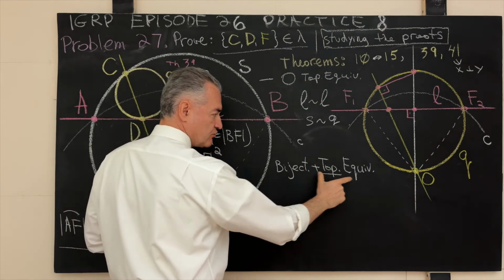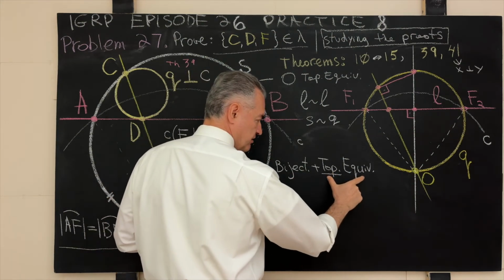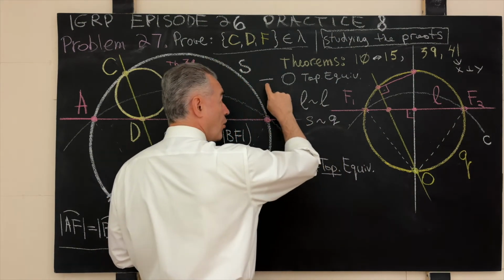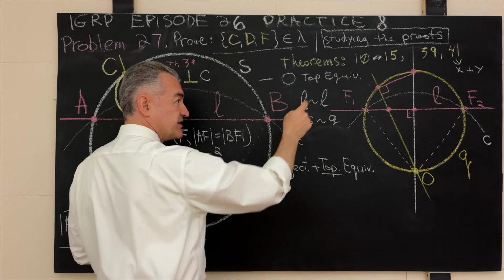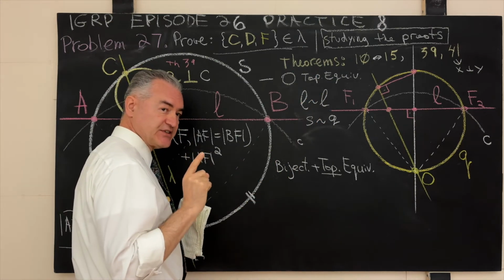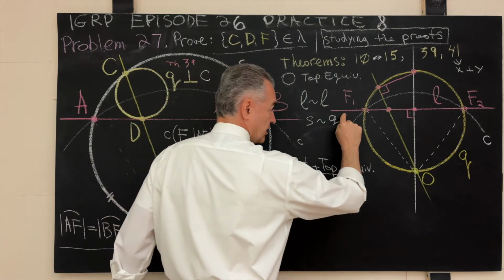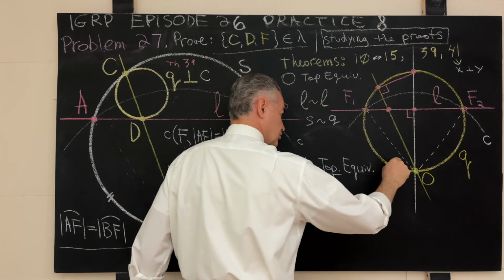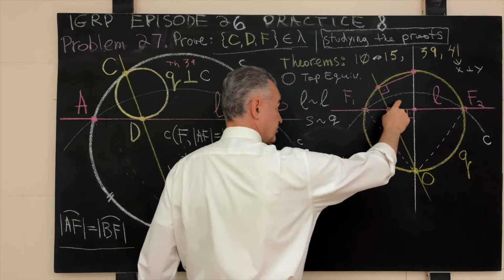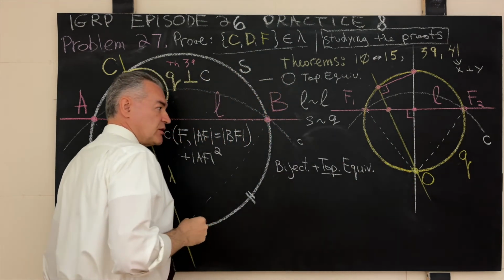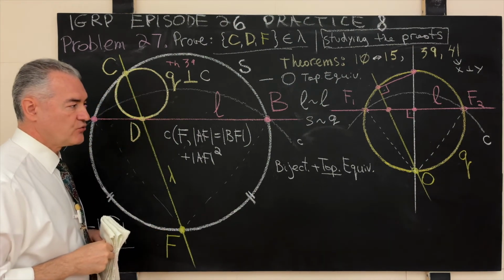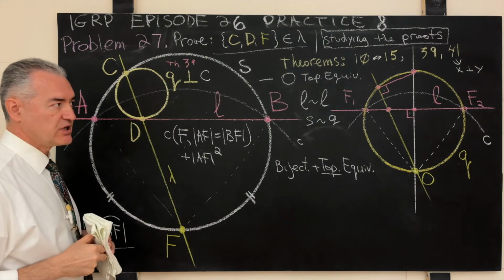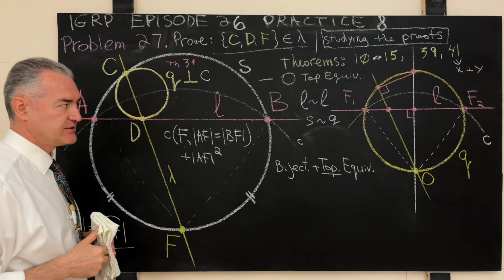So with the combination of these two things, a bijection and the topological equivalence of straight lines and circles, in the specific sense that I explained, straight lines not through the center flip into circles, circles through the center flip into lines that do not pass through the center of inversion, we can generalize our problem as follows.